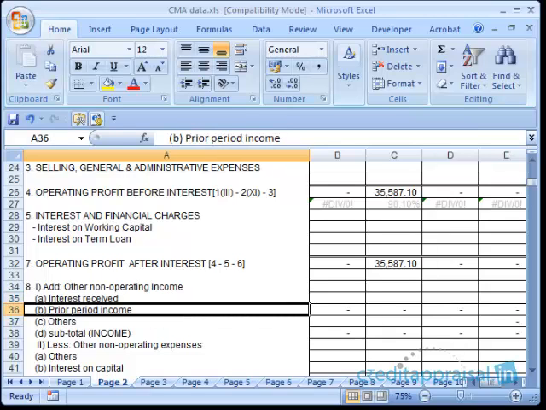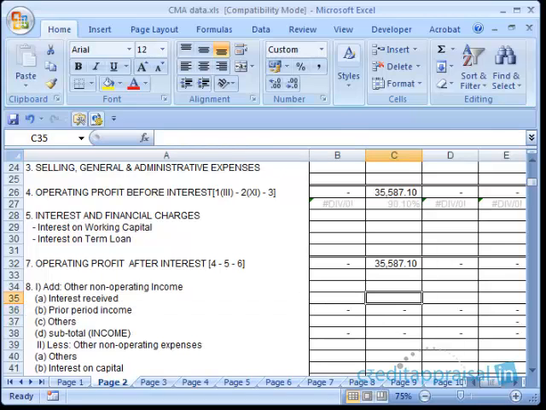For example, for your company, if prior period income is not there, if you want to highlight some other income, or rather profit from sale of shares, you can do that, right? This varies from company to company. For this example, let us put the entire amount, 826.8, right?